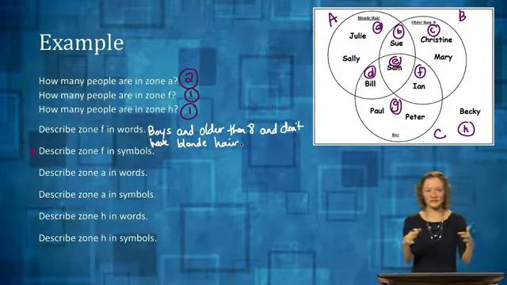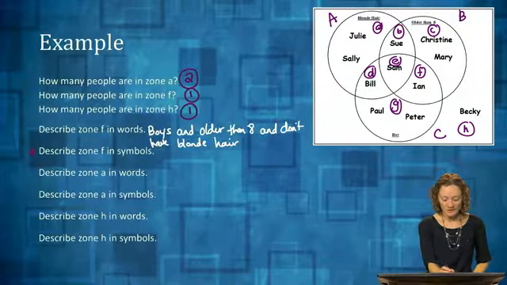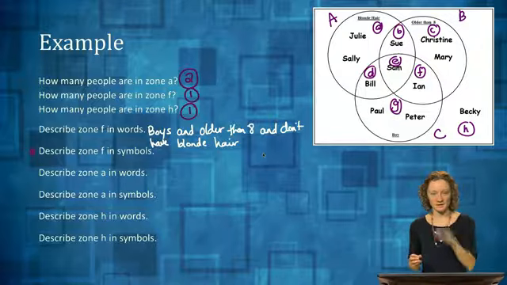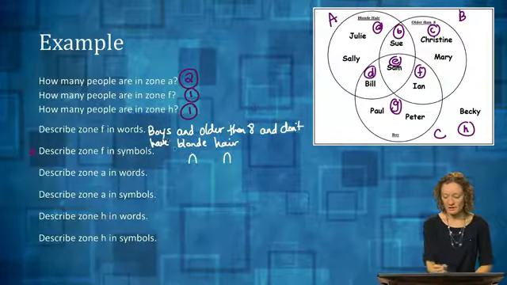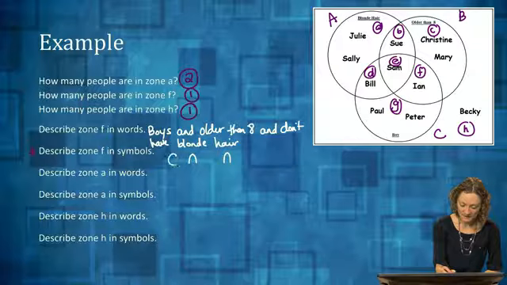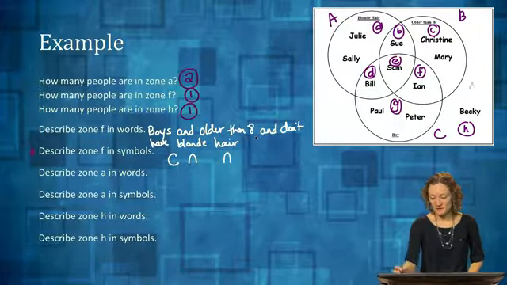And then let's try to take that sentence and translate it to symbols. So we've identified, you can see they're all being pulled together with the word and, so something and something and something else. So remember, the and symbol is your down symbol. So the first criteria says boy. Boy we've identified as set C. The second criteria is older than 8.